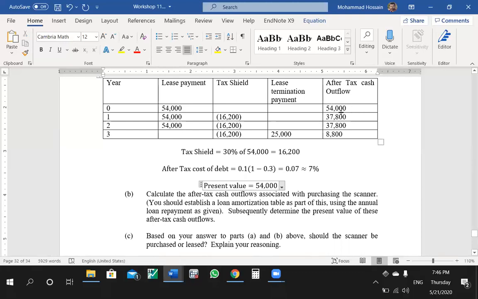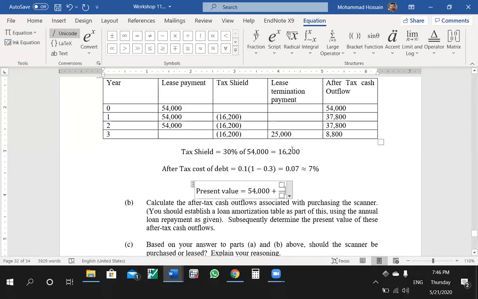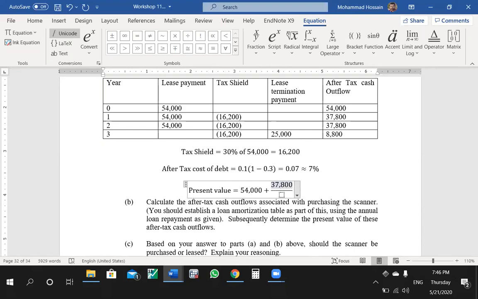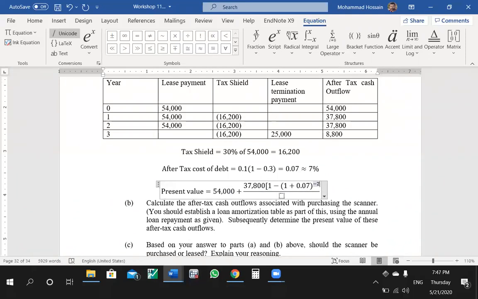So we're going to take the present value of this plus the annuity values for these 2 years, 37,800 and 37,800. We're going to use the annuity formula here: 37,800 multiplied by 1 minus (1 plus 0.07) to the power minus 2, divided by 0.07.